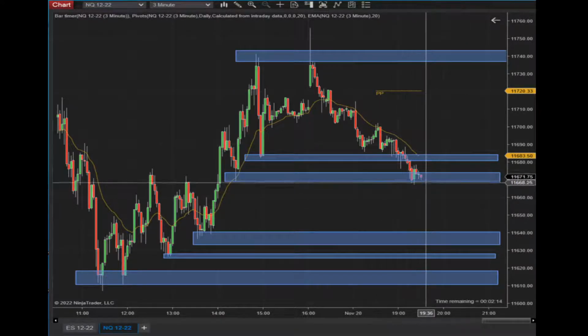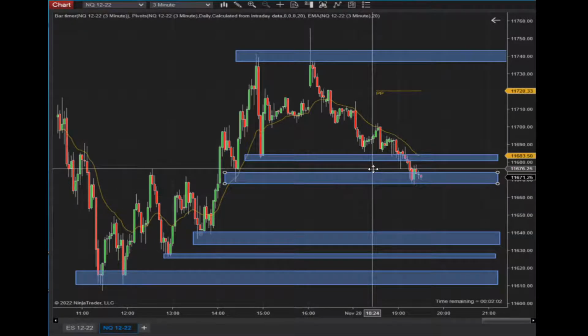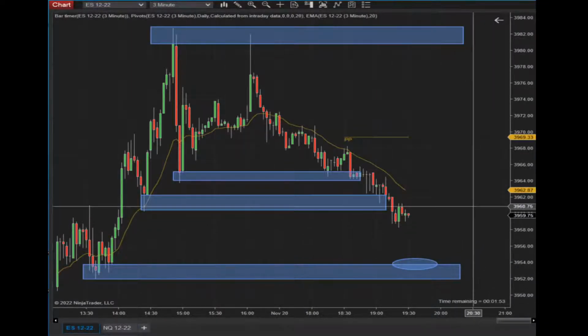If it comes down here and gets past what I would call this support line area, I may consider getting in there as well. Ideally, the spot to get in would have been right here. All right, so we're back on the ES now.